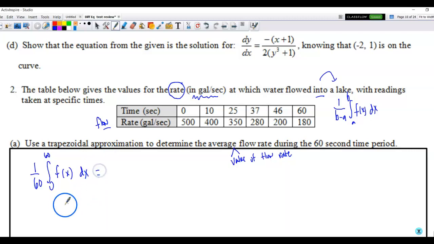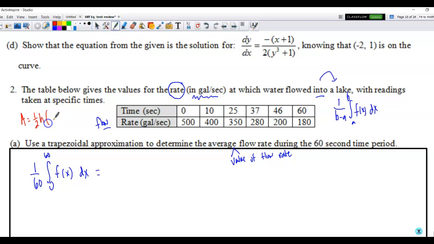All right, so now let's think about trapezoids. I'm going to come up here and remind myself, okay, if I'm going to do trapezoids, the area of a trapezoid is 1/2 the height times the sum of the bases.